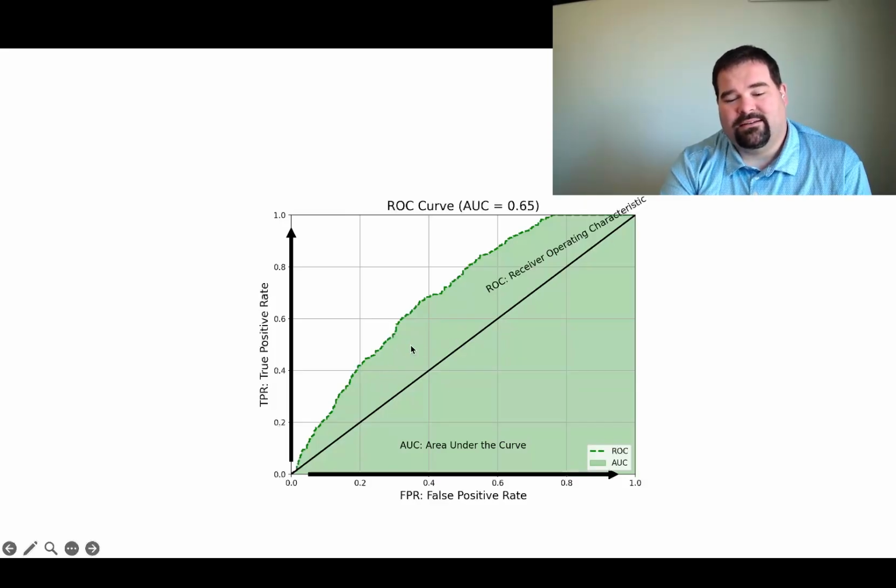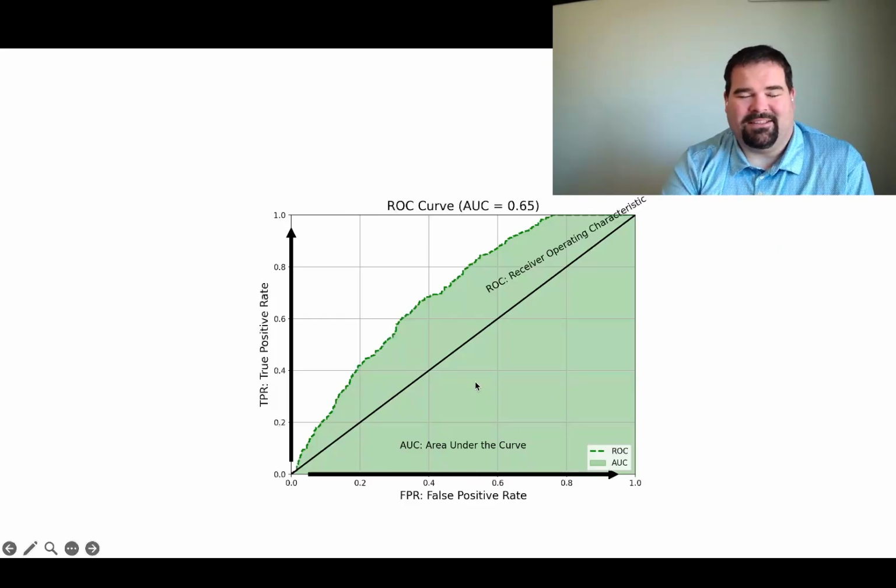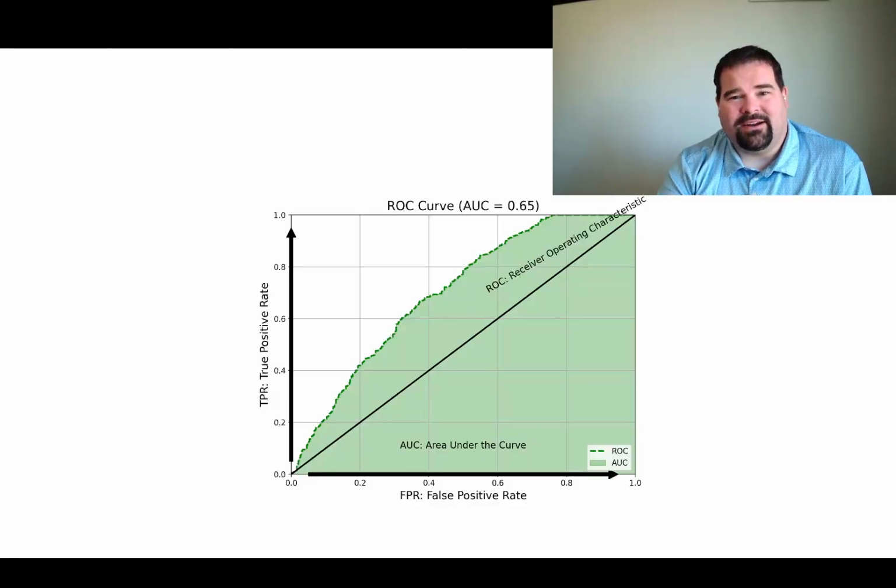When it's over the line, it's good. It's got a better true positive rate versus a false positive rate. And when it's under the line, it's bad. Just be aware that if you're building something brand new, you should be generating things like this and looking into it.